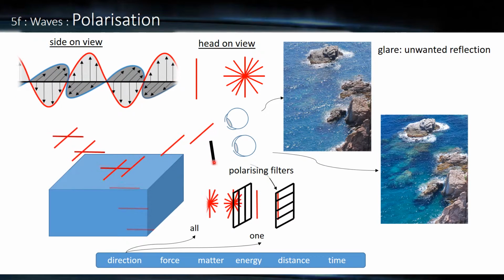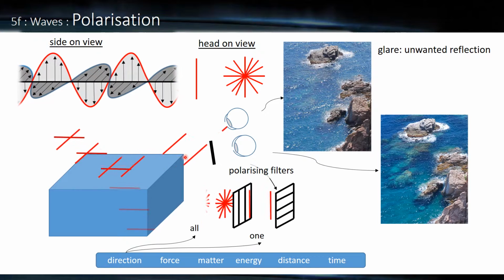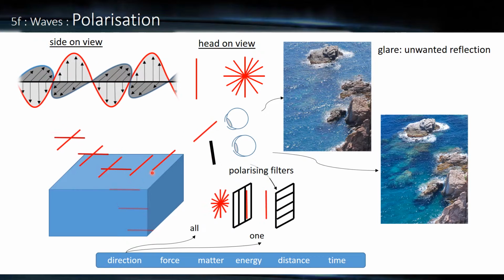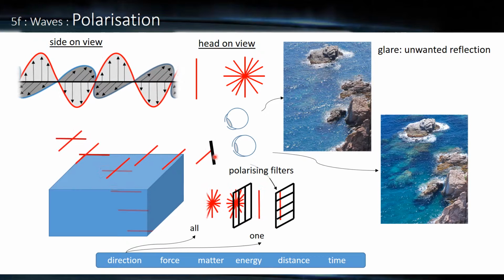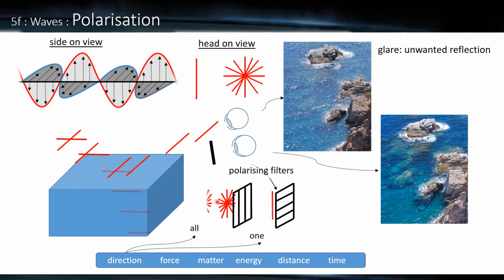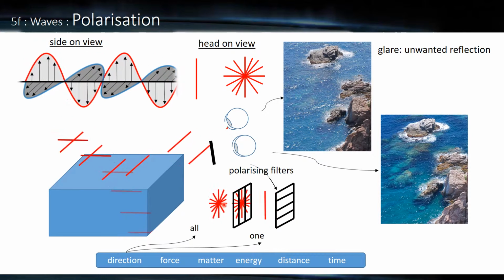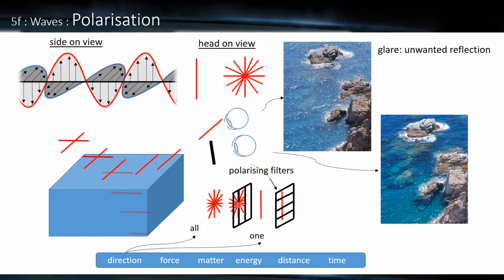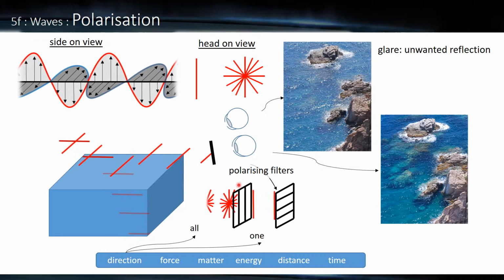However, if we have a polarizing filter here in front of this eye, we can see that the surface glare is being cut out, and the light from below the surface will reach us. It's not shown here. So what's happening? Well, it's basically like a sort of prison bars, we've got our multi-orientation hitting here, and it only lets one orientation through, or more technically, one component.